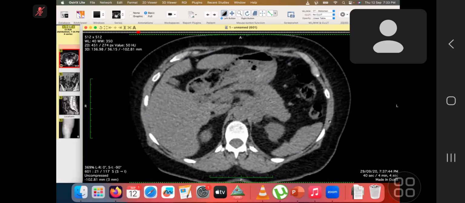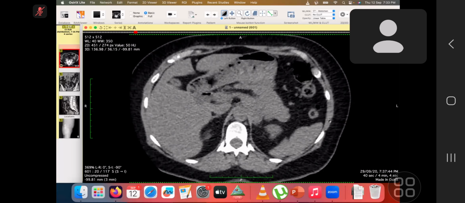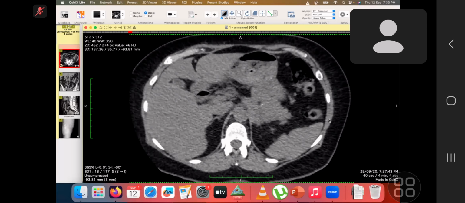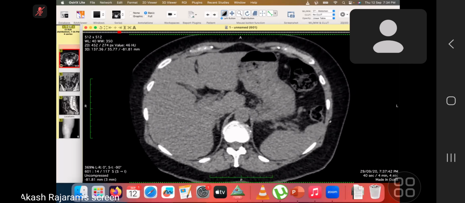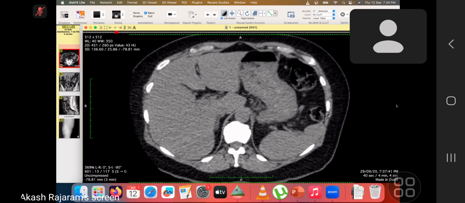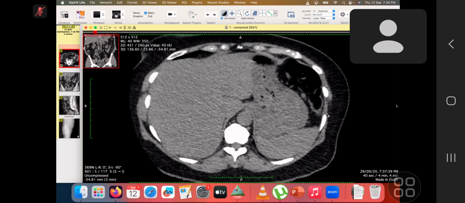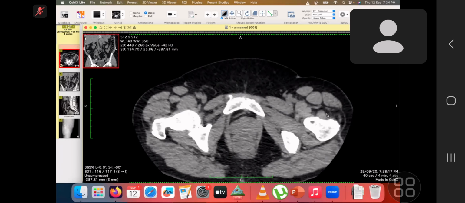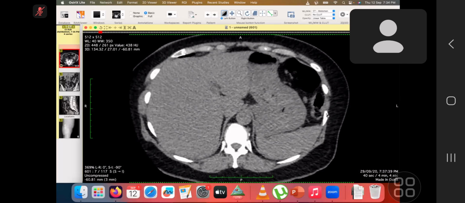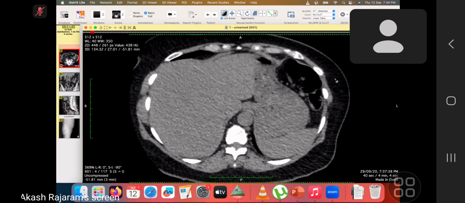And there are a few areas of calcifications in the upper part, and this scan is a bit jumpy.